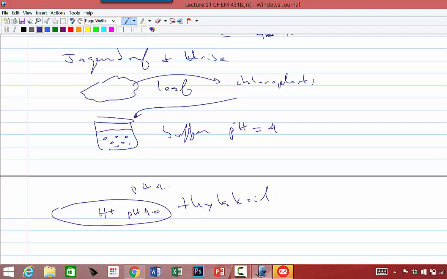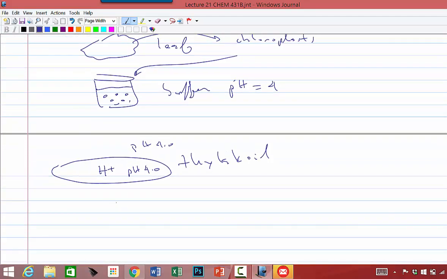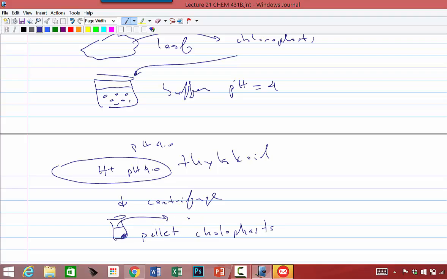Then they centrifuge the mixture of chloroplasts with the buffer. So you have all your chloroplasts down here as a pellet. We're going to pellet the chloroplasts and then remove the supernatant.